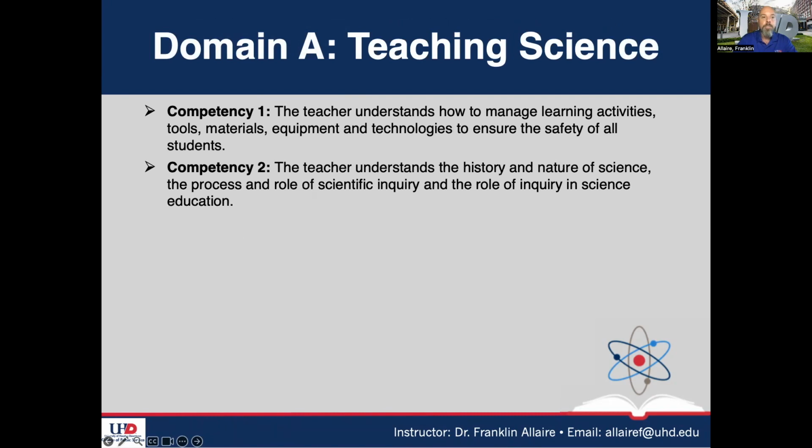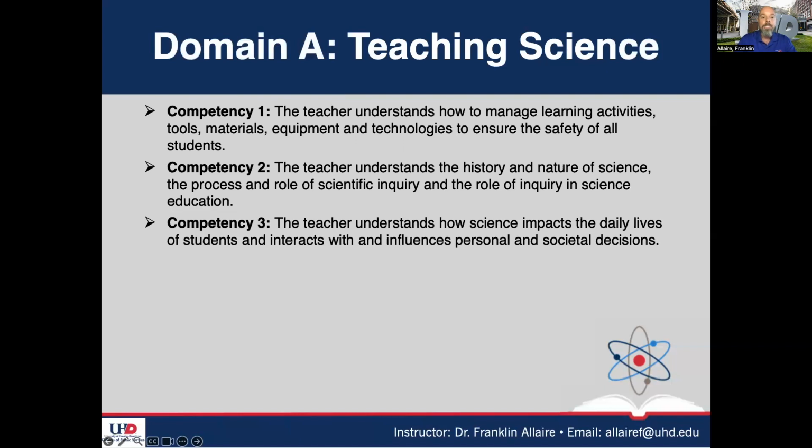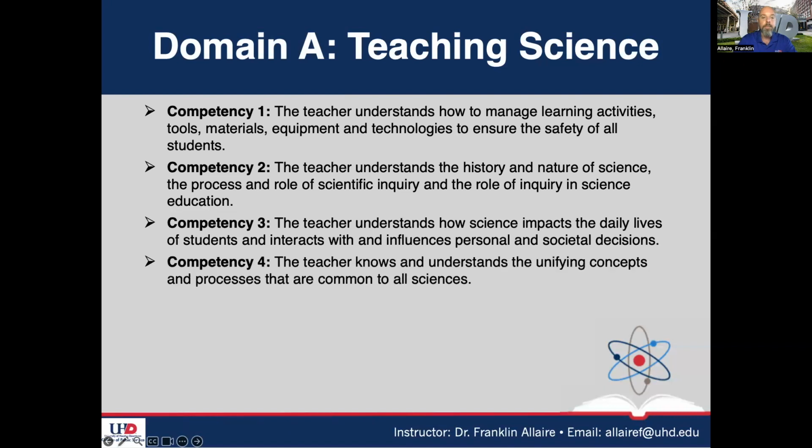Competency 2 says the teacher understands the history and nature of science, the process and role of scientific inquiry, and the role of inquiry in science education. Competency 3 says the teacher understands how science impacts the daily lives of students and interacts with and influences personal and societal decisions.